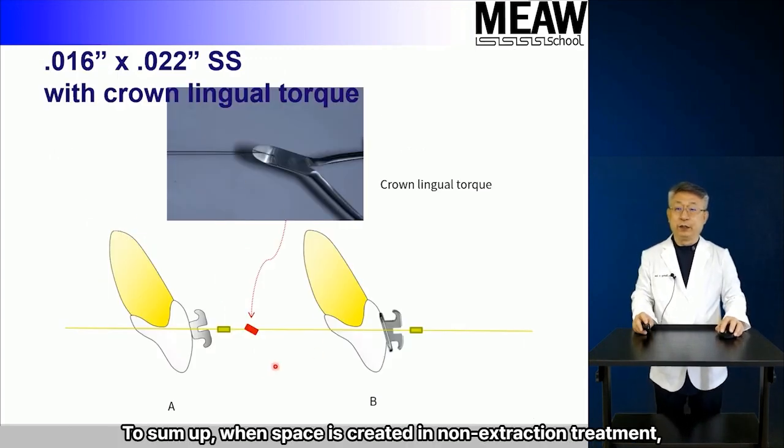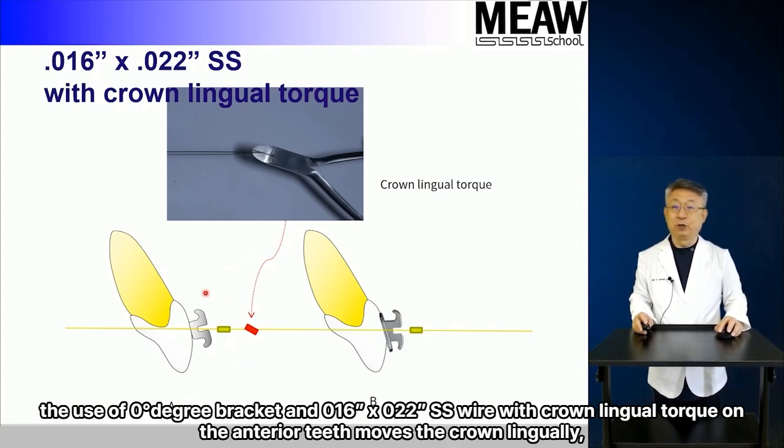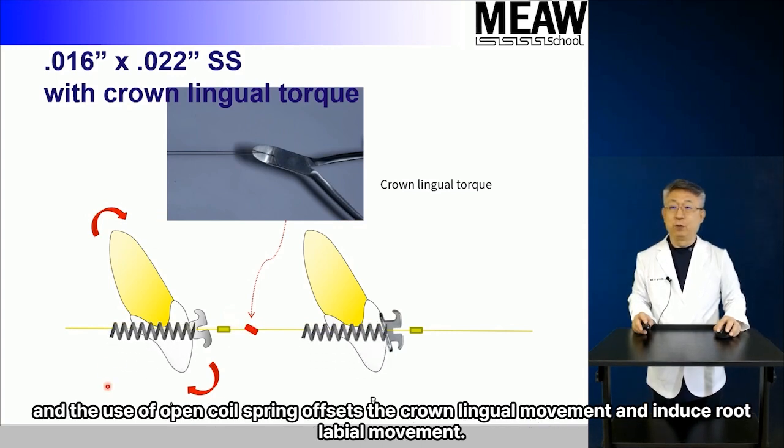To sum up, when space is created in non-extraction treatment, the use of 0-degree bracket and .016 x .022 SS wire with crown lingual torque on the anterior teeth moves the crown lingually, and the use of open coil spring offsets the crown lingual movement and induces root labial movement.